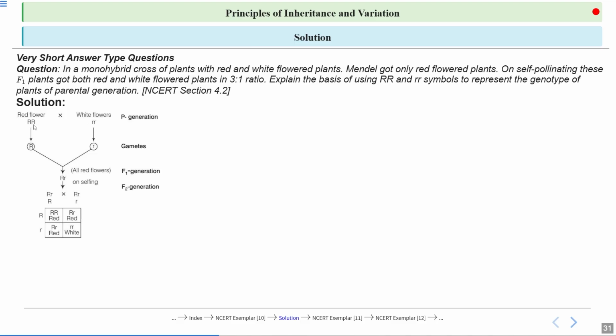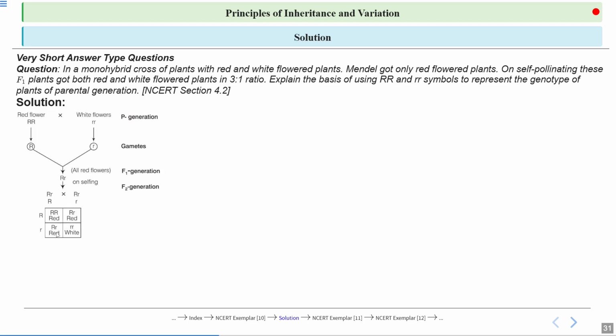So one parent is homozygous dominant, another parent is homozygous recessive. The capital R parent will produce gametes having capital R alleles. The small r parent will produce gametes having only the small r allele. Then the F1 generation will have the genotype capital R, small r. After selfing of the F1 generation, you will get the 3:1 phenotypic ratio.